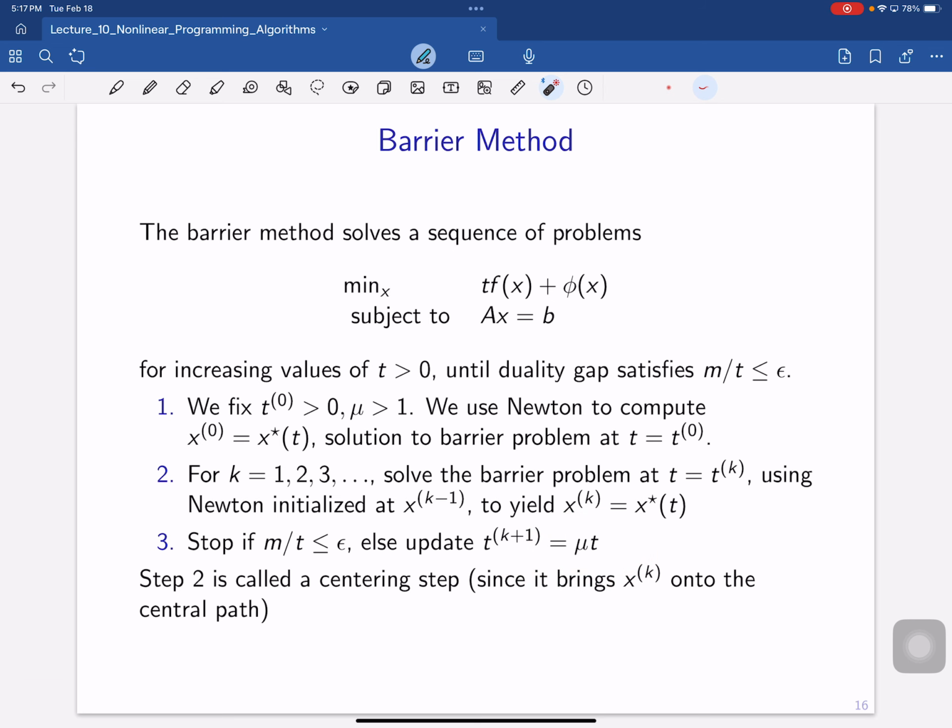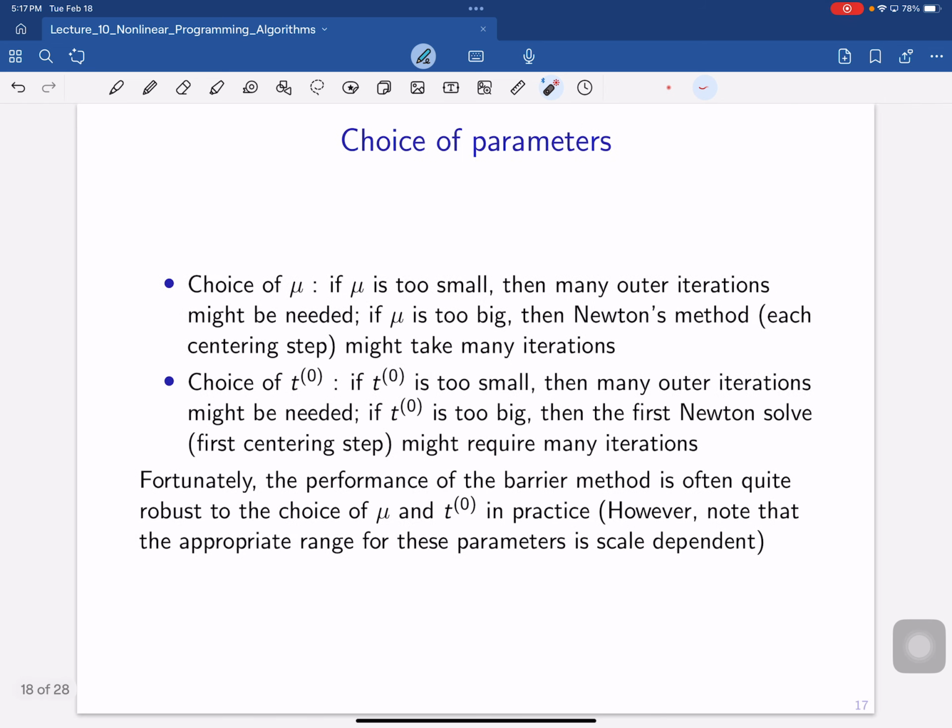If mu is too big, then the Newton method step will take more iterations. But when mu is too small, there will be more outer iterations. Right? So there is some sort of trade-off between the outer iterations and the inner iterations. But then people find out that in general, you don't need too much hyperparameter tuning for the log barrier algorithm. This is quite robust to those parameters. Okay.